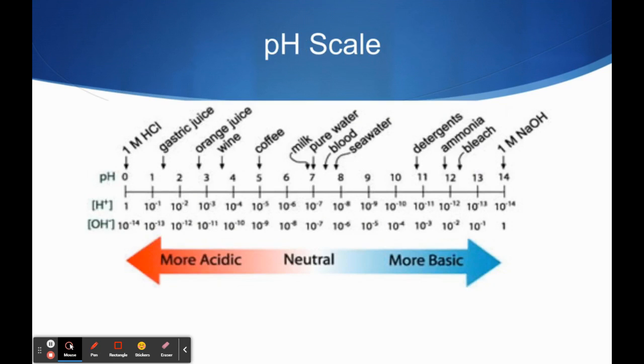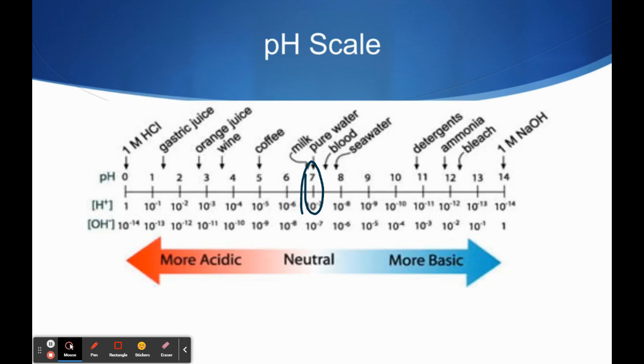So this graphic shows you the range of the pH scale and then some common substances and where they fall on the pH scale. So here is our 7. This is our neutral. So pure water should be exactly 7. Milk will be just slightly acidic, just less than 7. And blood is slightly basic with a pH of about 7.4.